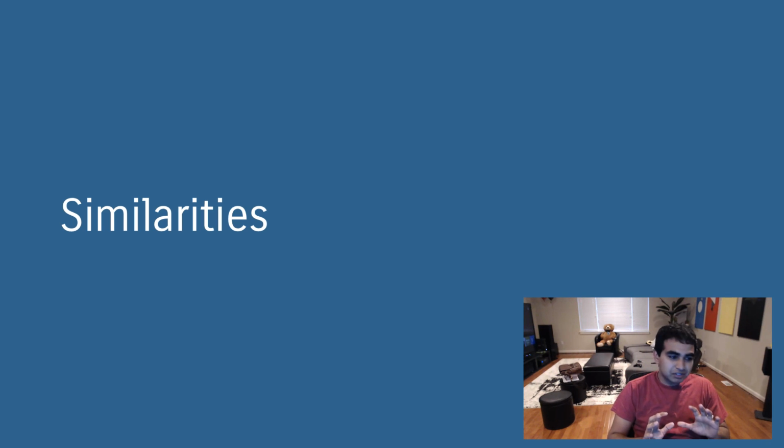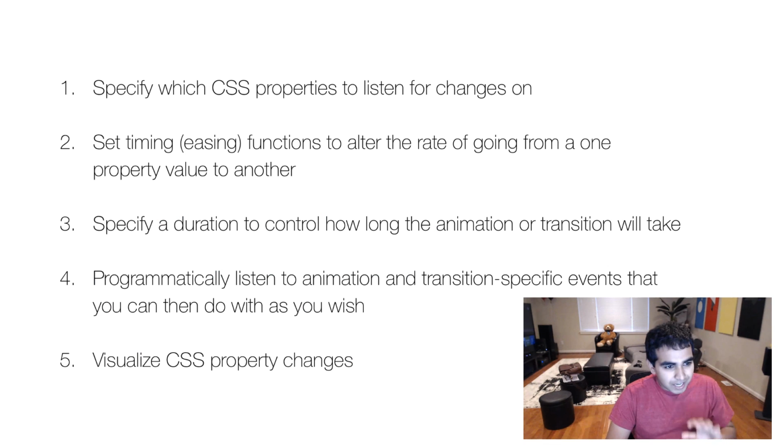So let's first talk about the similarities between CSS animations and transitions. These are all pretty obvious to you, and I'm going to very quickly breeze through them. First of all, they allow you to specify the CSS properties you want to listen for value changes on. That seems like an obvious one. You can specify an easing function so your animations don't have to be very boring. You can add things that change the rate: speed up, slow down, bounce, all these things you can specify.